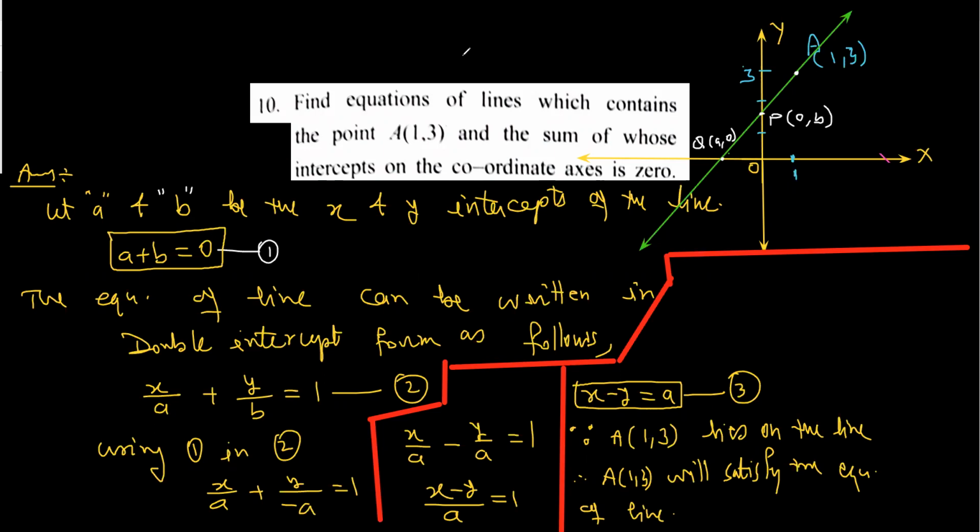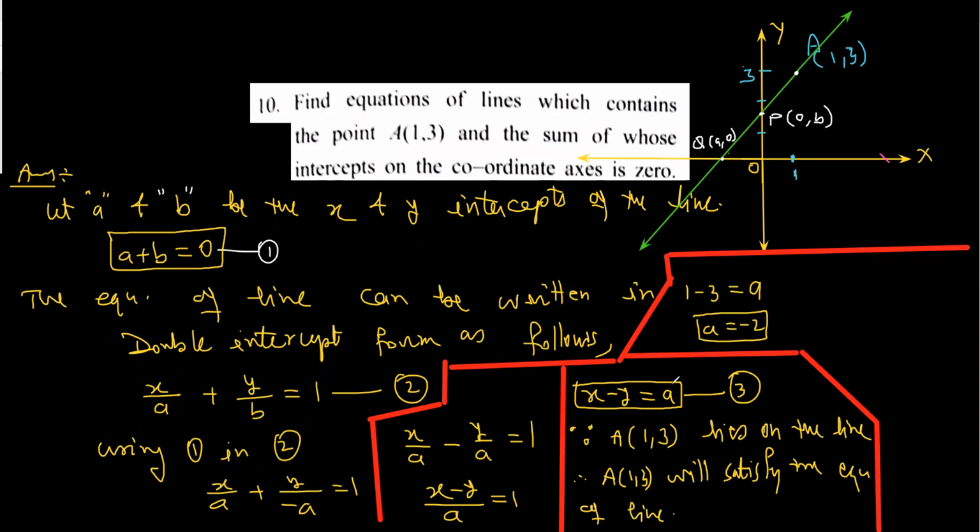So what you will get, see, where you have x, you can write 1, where you have y, you can write 3. So you'll have here 1 minus 3 equals a, so a is equal to -2.